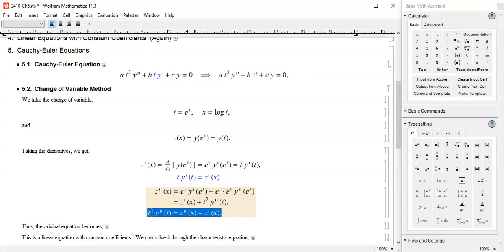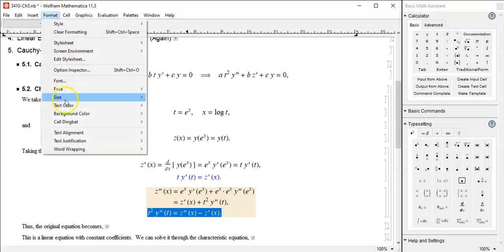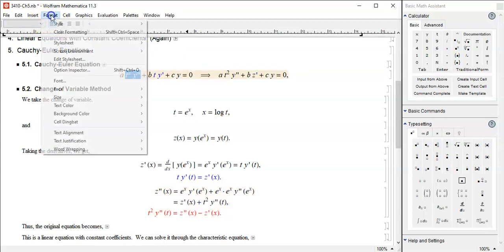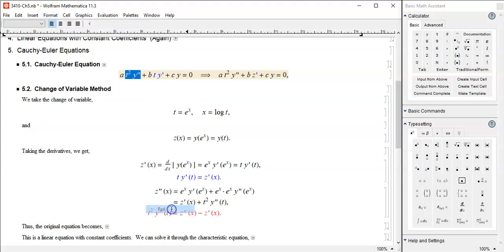This is what we get in the end. So this quantity here is the same as z double prime minus z prime.